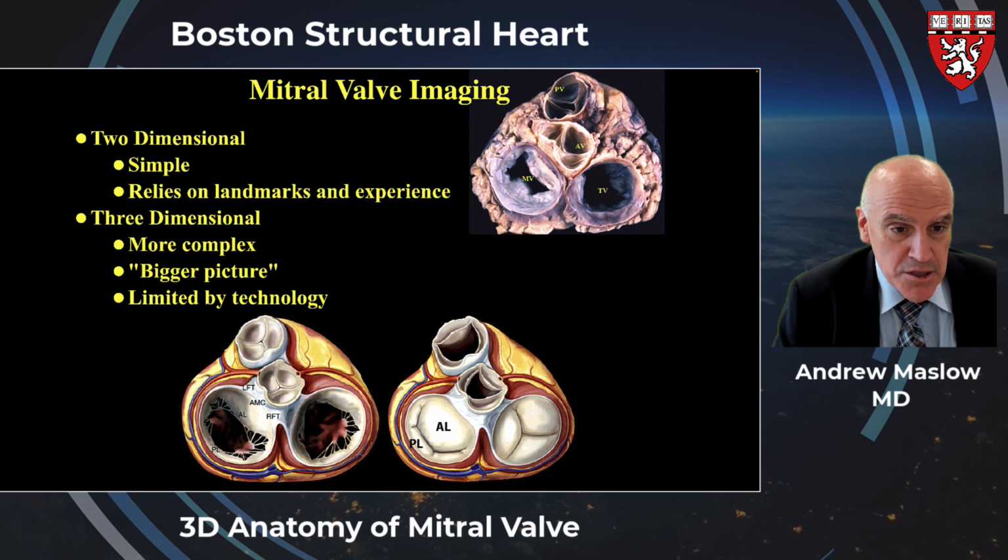Meanwhile, 3-dimensional imaging, whose development is more complex, provides a much bigger picture and allows everyone to see essentially the same thing. As processors get better and faster, the frame rates for 3-dimensional imaging will become significantly better. Until then, it's still a little bit limited by technology.